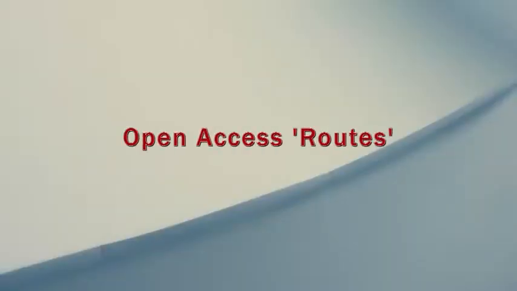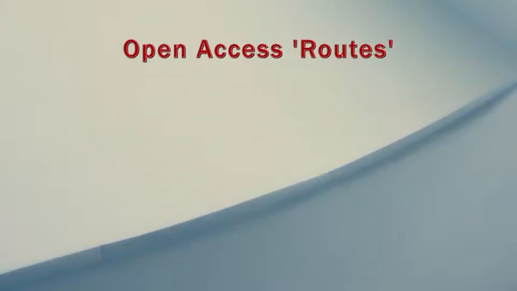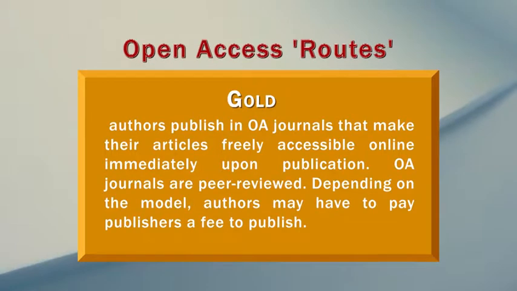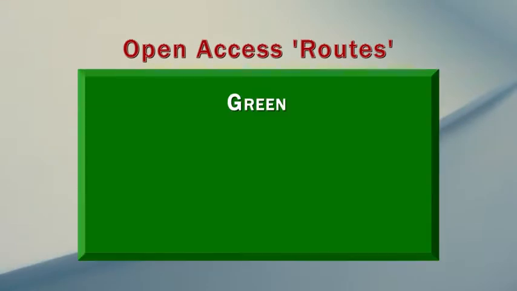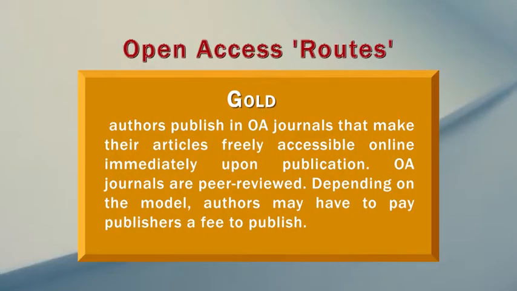Now, there are various routes and roads to open access. The open access routes are two. One is the gold route and another is the green route. When we call it the gold route, authors publish in open access journals that make their articles freely accessible online immediately upon publication. They are peer reviewed journals. Depending on the model, authors may have to pay the publisher a fee to publish.